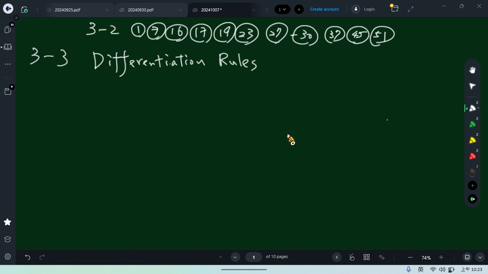Just like before, we relied on the formal definition for the derivative. But right now, if we have the differentiation rules and we want to get the derivative, it will become more efficient. So let me just show you several rules.